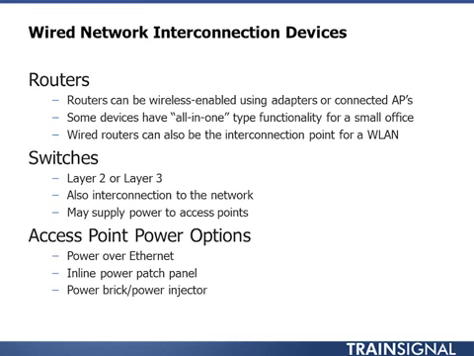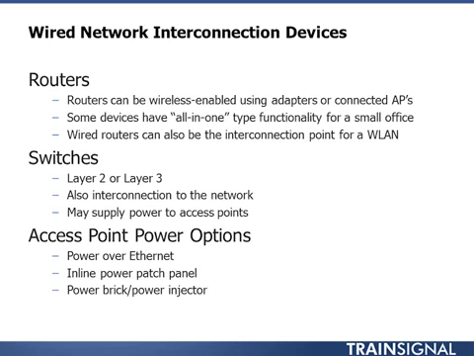Now I'm going to talk about the bottom of this slide first, the access point power options. So access points, when you deploy them, you can either power them where they're deployed, but what is more common is that you'll run power over Ethernet, which enables you to run one cable from your switch through to your access point.